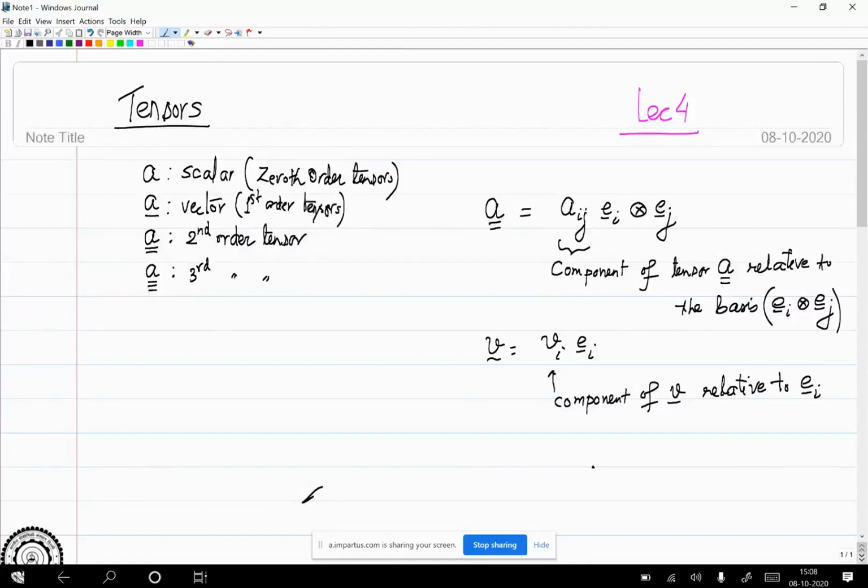For vectors, the bases are e1, e2, e3. For second order tensors, this is the basis, and there are 9 basis tensors here. For every i and j, you get a total of 9 basis tensors.